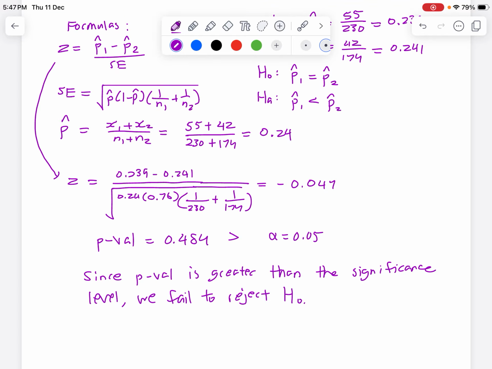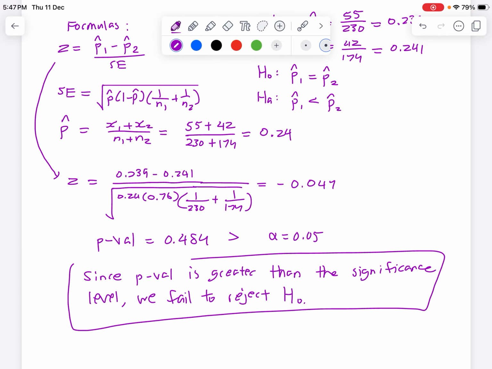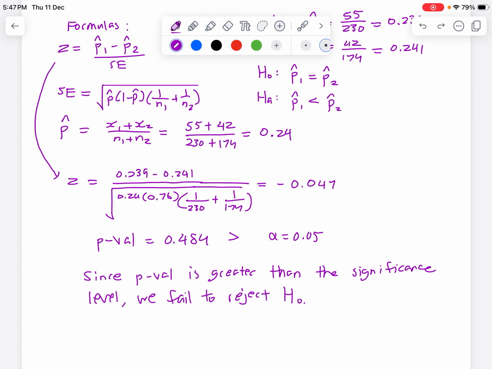But what does this mean? We want to write it in context. If someone looks at this, they wouldn't understand what's happening. In context, when we fail to reject the null, it means there is insufficient evidence to say that the alternative is true, because we can't reject the null.